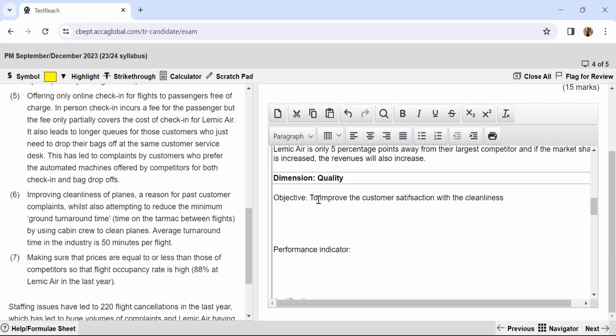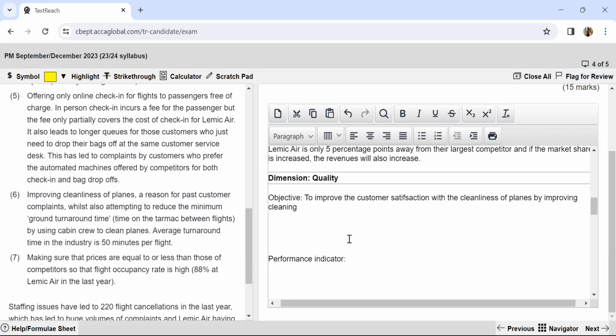And how can cleanliness of the planes be ensured? Cleanliness will be done by improving the cleaning. So this is my objective, and what indicator can I use to measure whether I have been able to achieve my objective?